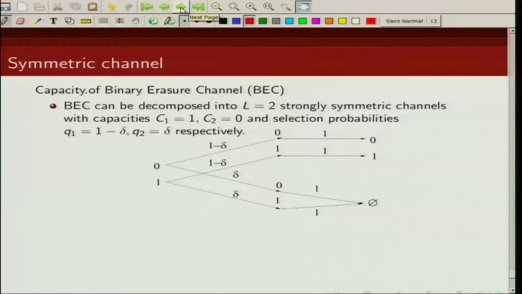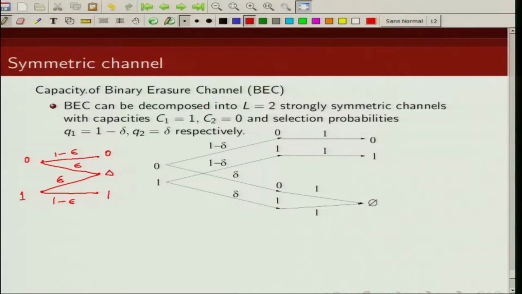So take an example of a binary erasure channel. In a binary erasure channel you have two inputs 0 and 1, and you have three outputs 0, 1 and another output state which is the erased state. With probability 1 minus epsilon you receive the bits correctly, and with probability epsilon you receive the bits erased.